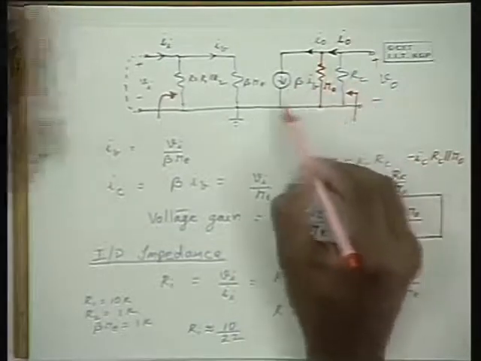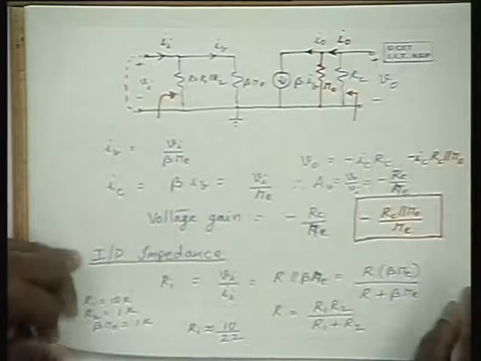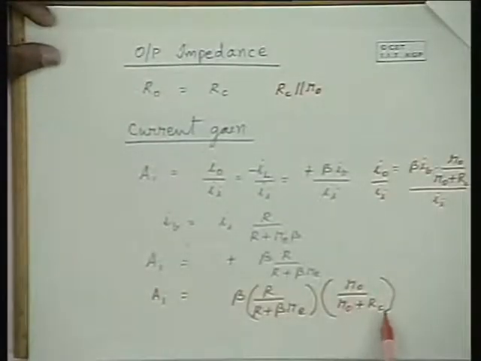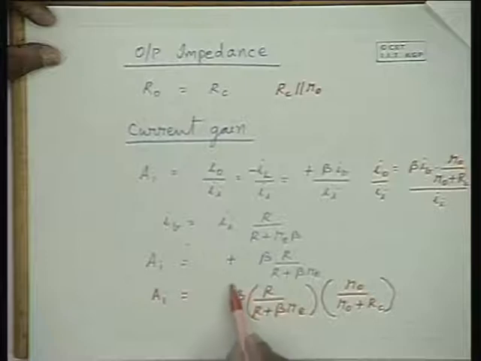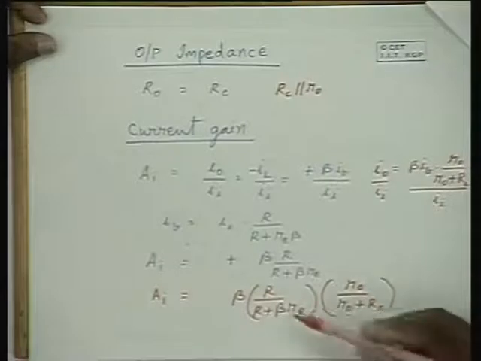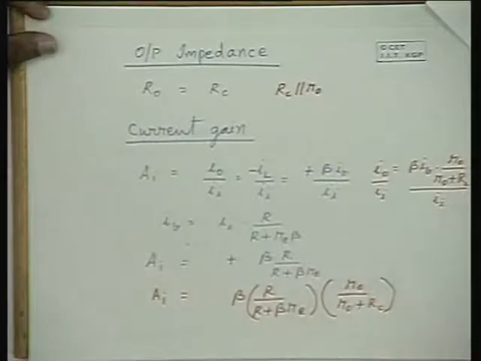Because of this division, an additional term comes into picture, that is R0 by R0 plus RC. Hence, the current gain of the amplifier circuit is equivalent to the current gain of the transistor multiplied by the input side fraction and output side fraction, which are generated by the current division on the input and output sides respectively. Is that clear?